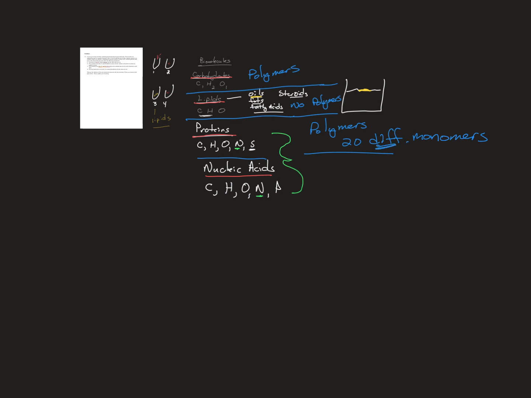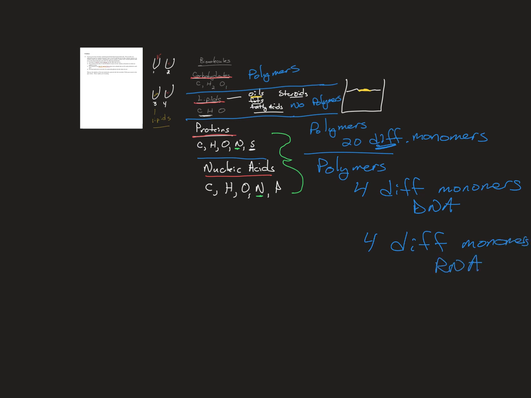Nucleic acids are also polymers, and they have monomers. But we talked about there being 4 different monomers for DNA, and 4 different monomers for RNA.